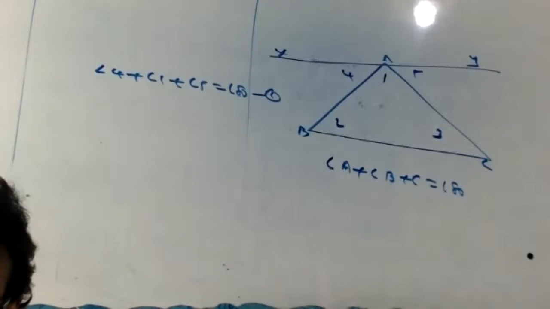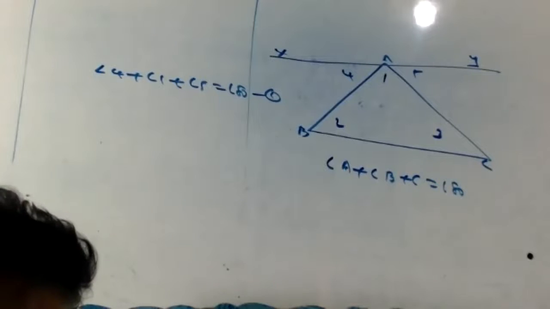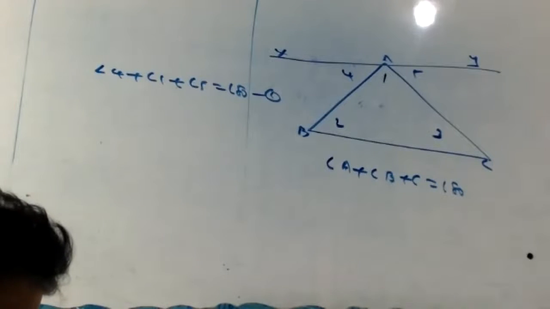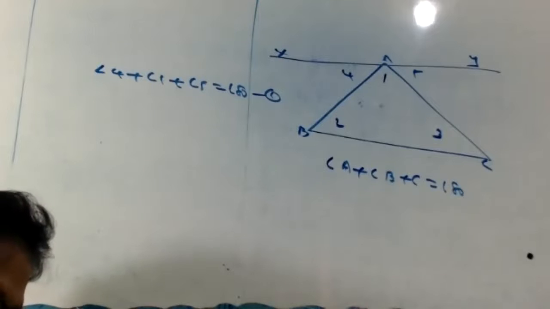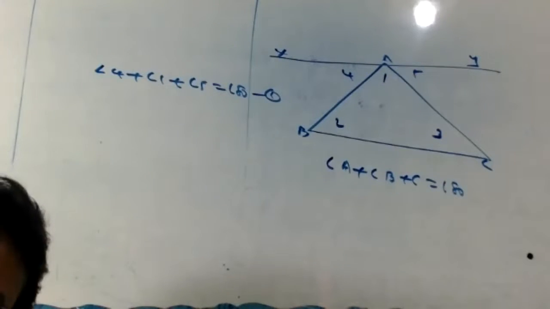In bracket, write: sum of all the angles in a straight line is 180 degrees. Okay. Up to here, okay.